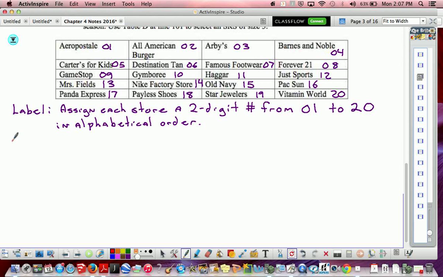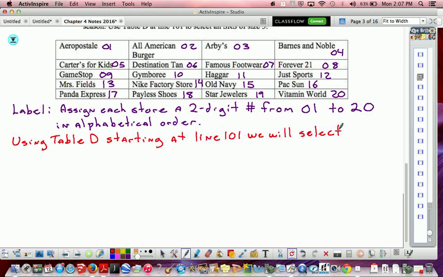So, using Table D, starting at line 101, we will select 2-digit numbers until the 3 stores.